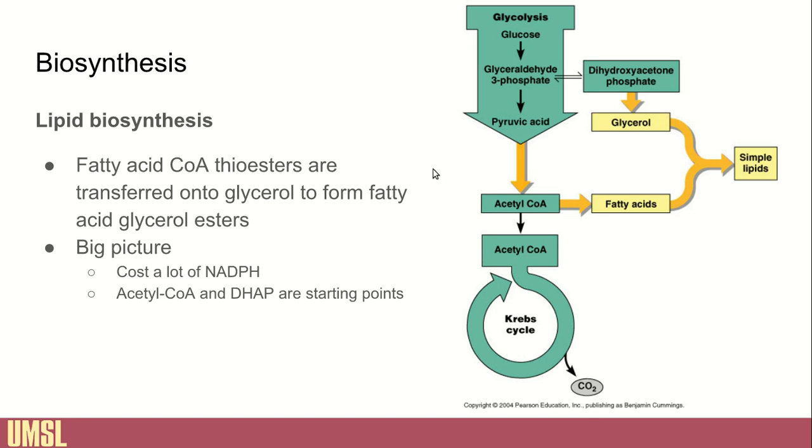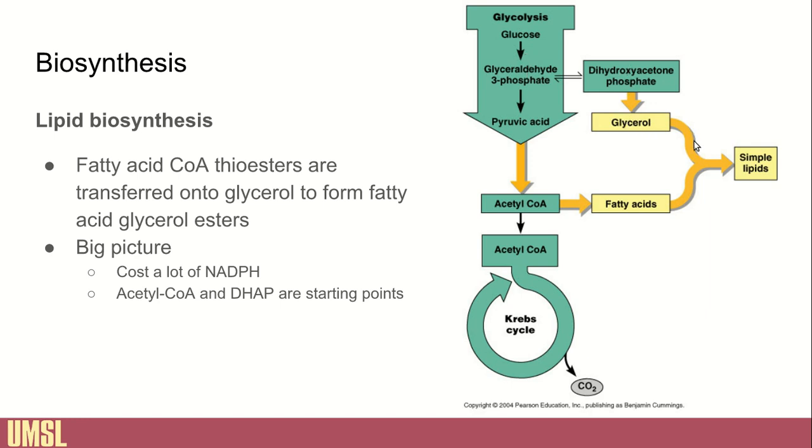So if we're going to put all these pieces together, you need glycolysis. If we're talking about making lipids from growing on glucose, we're going to end up with glyceraldehyde 3-phosphate and dihydroxyacetone phosphate during glycolysis.